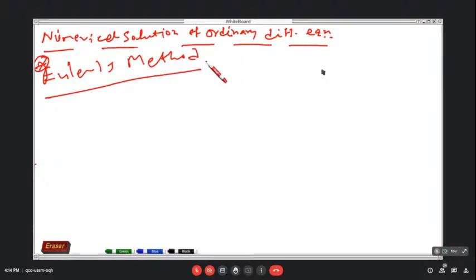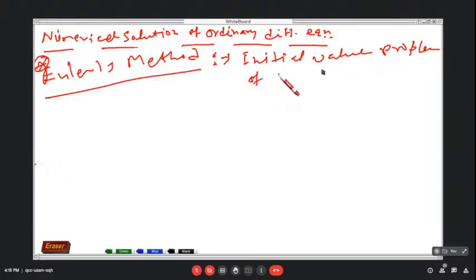All the problems we will be solving are initial value problems, which means some initial conditions will be given. These are initial value problems of ordinary differential equations.